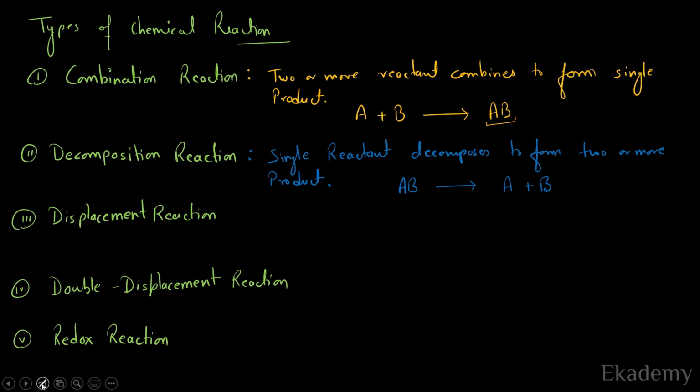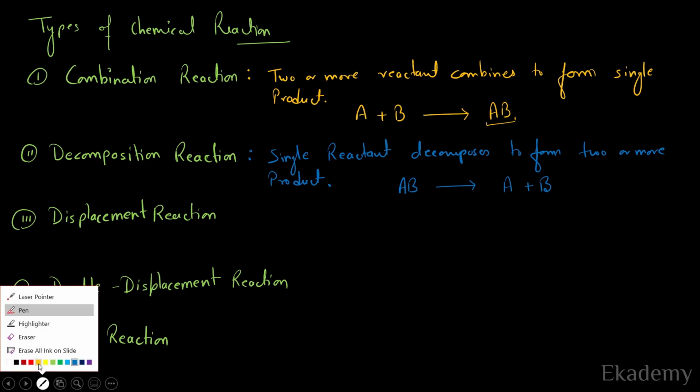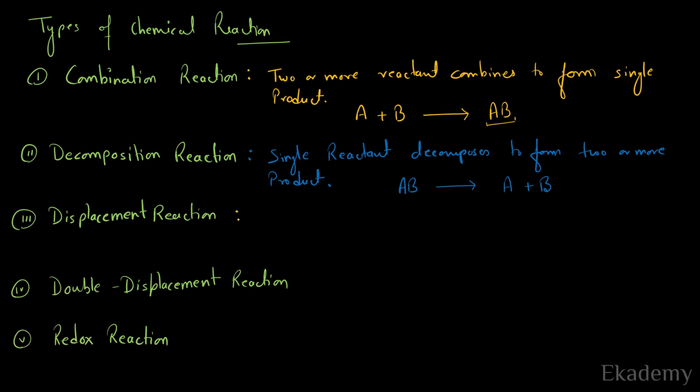Now, what is displacement reaction? What happens in displacement reaction is a more reactive element displaces a less reactive element from its compound. Let us say we have A and another substance made up of two species or ions, B and C, a kind of salt.